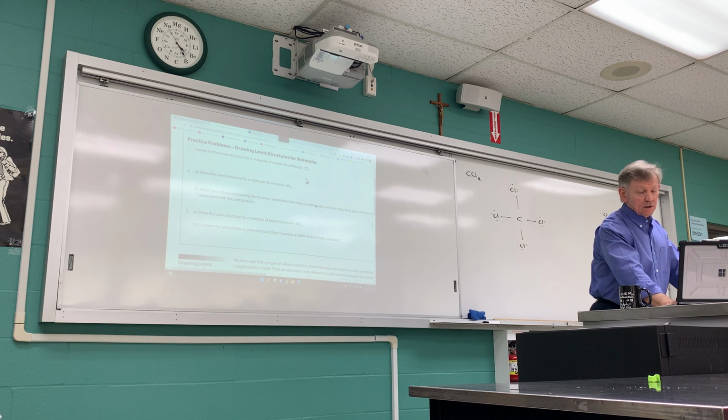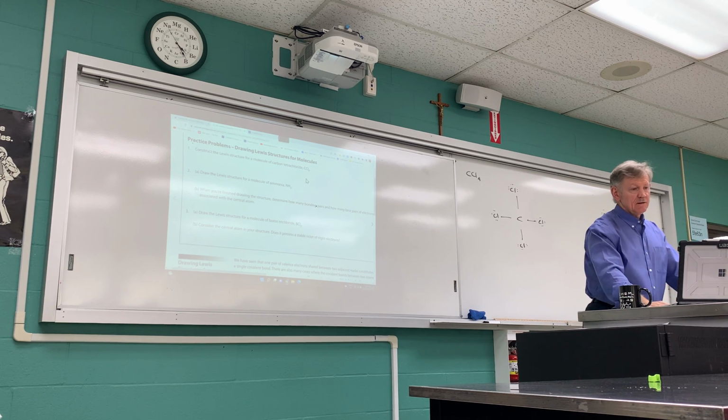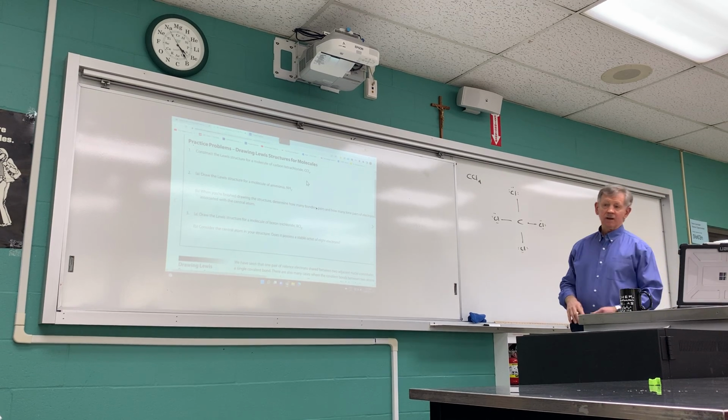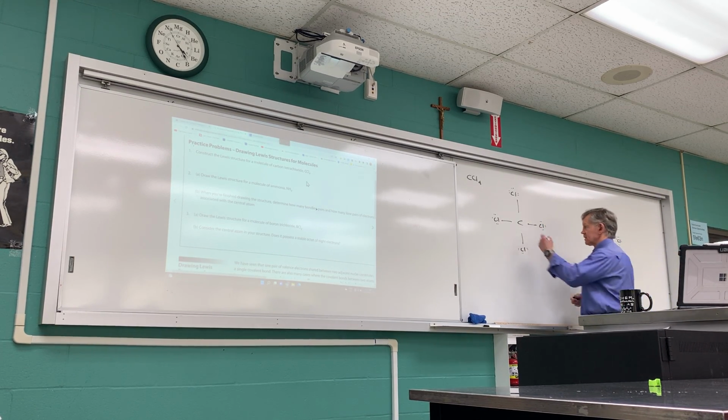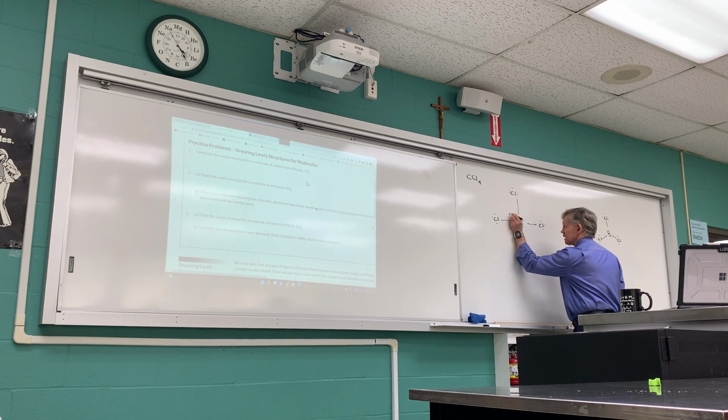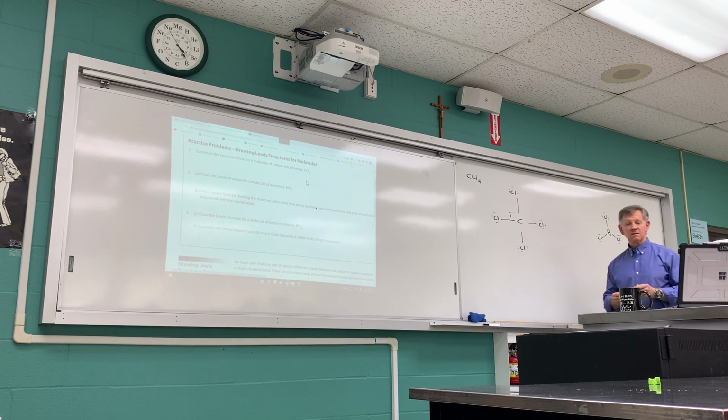Now, if that represented carbon tetrachloride in the real world, then it would be a flat molecule, wouldn't it? And if this was the molecule, then we would expect each of those bond angles to be 90 degrees.